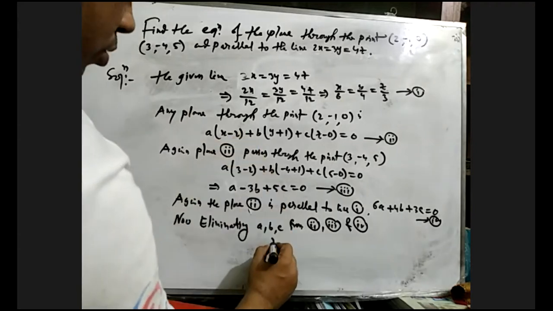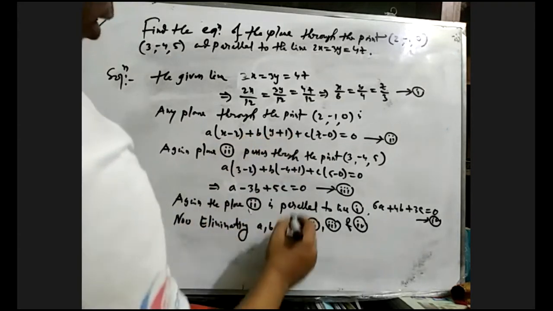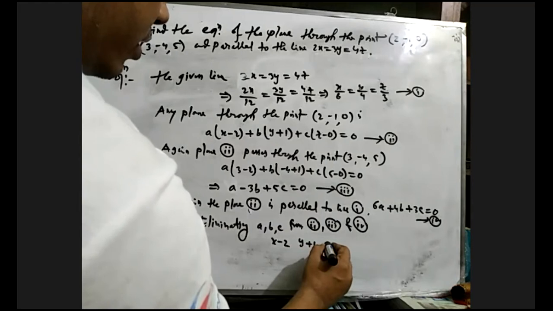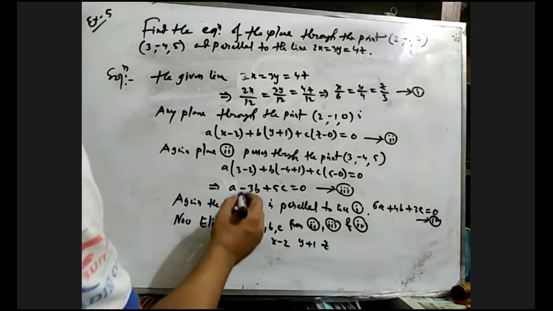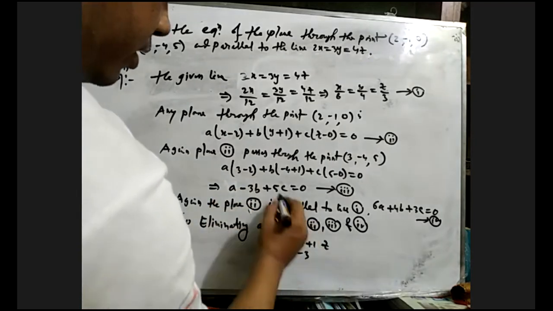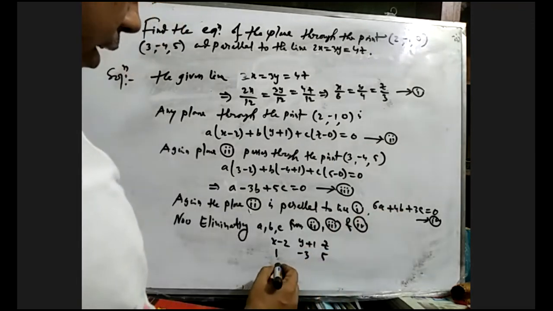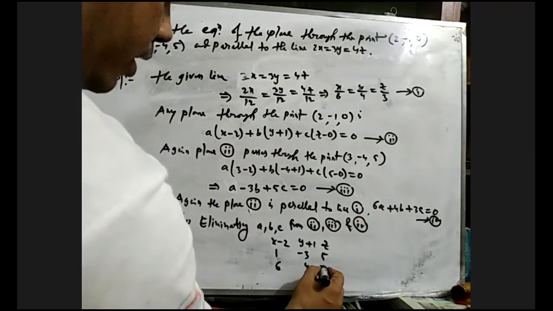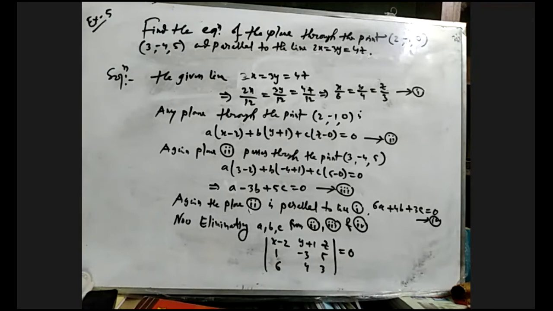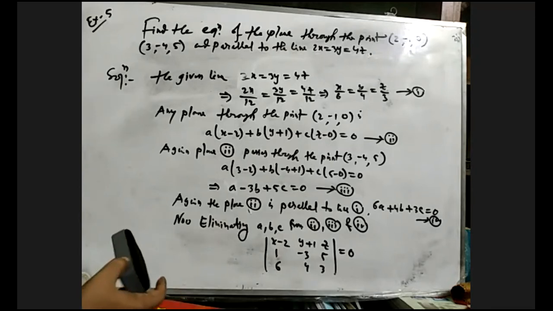The first row is x - 2, y + 1, z. From equation 3, the coefficients are 1, -3, 5. From equation 4, the coefficients are 6, 4, 3. And this determinant will be 0. Now just simplifying this determinant, we get the required equation of the plane.